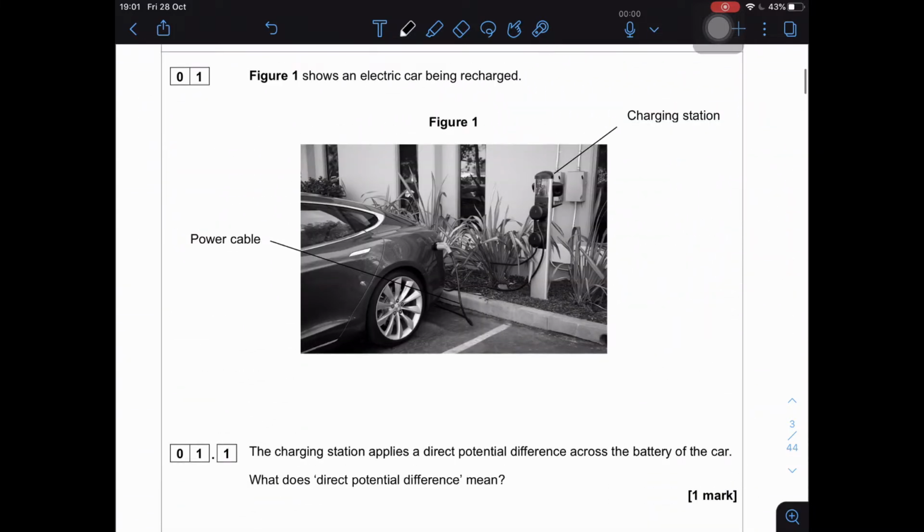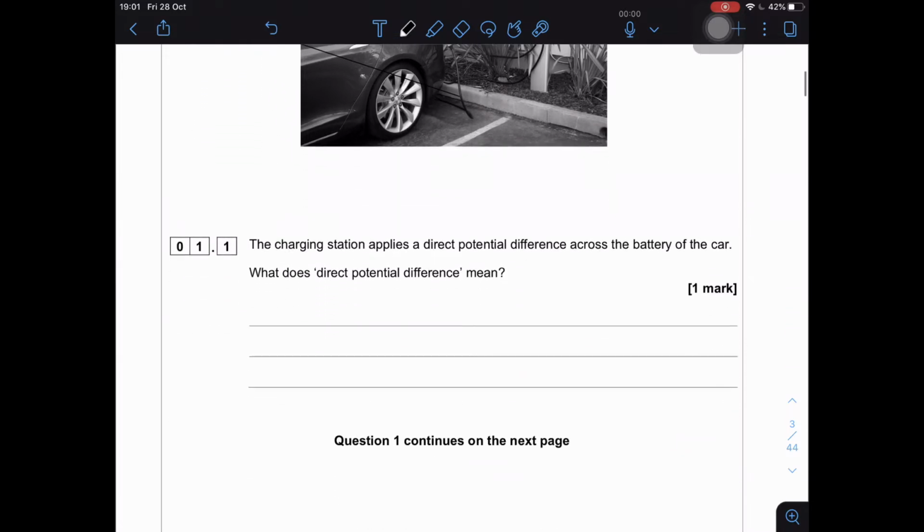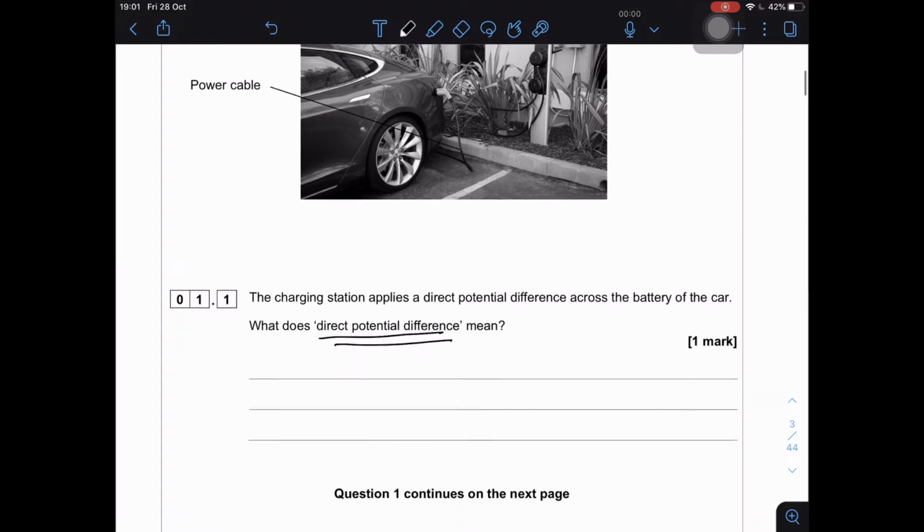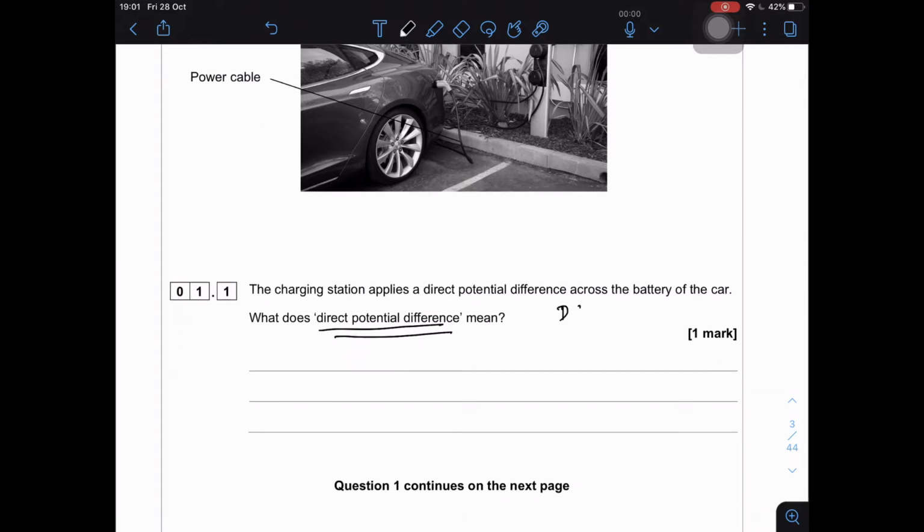The first one: here you have a nice electric car next to a charging station, all connected. They're asking you, what does direct potential difference mean? It's not really linked to this topic, but if you remember what DC means, that will inform you what this means as well.